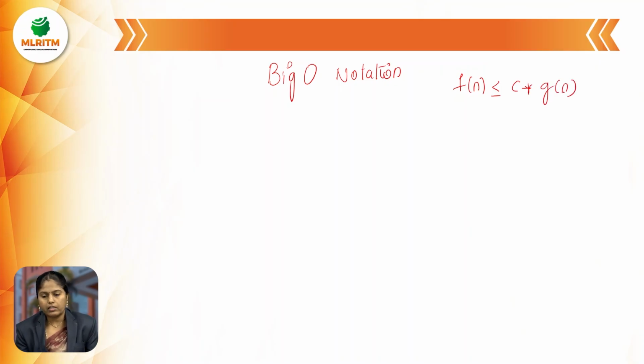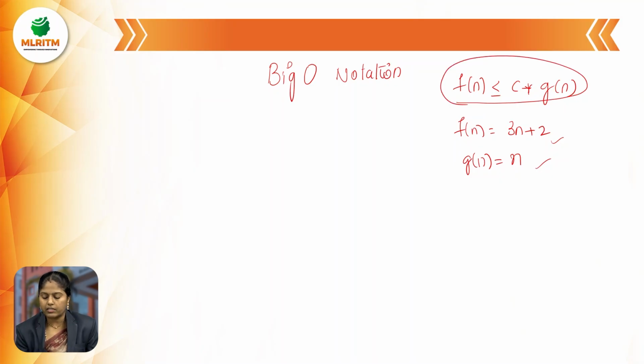Suppose f of n is equal to 3n plus 2 and g of n is equal to n. In the example itself, they will give the value of f of n and g of n. What we have to do is substitute these values and satisfy the condition.